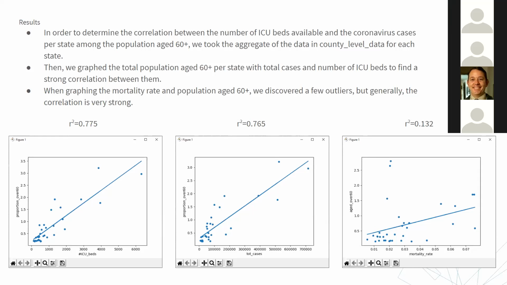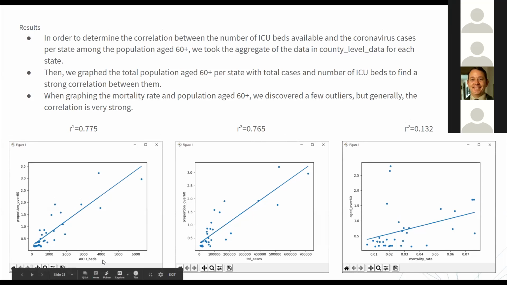And then we graphed the total population with the total cases to look at the relationship between them. And looking at these graphs here, let me just move this taskbar up so I can read.